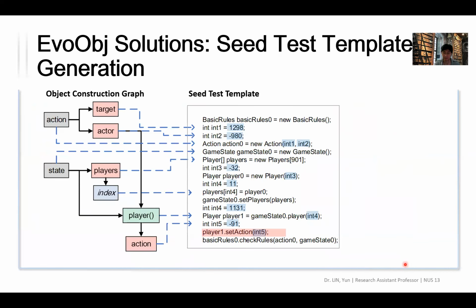When the object construction graph is ready, we then traverse the graph and generate the test code based on each node. In this work, we traverse the graph with a breadth-first algorithm. Note that each generated statement will be specified as a slot, a mutation point for the follow-up evolution.